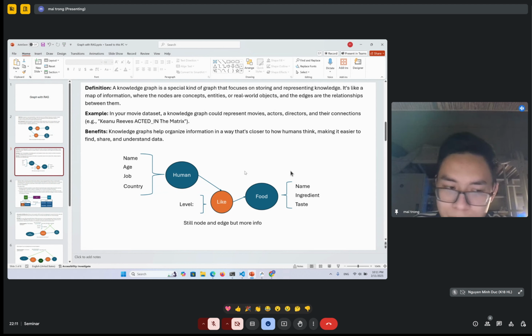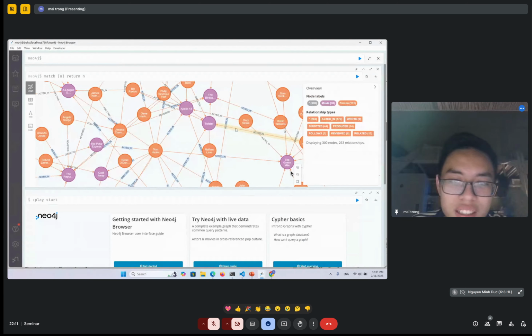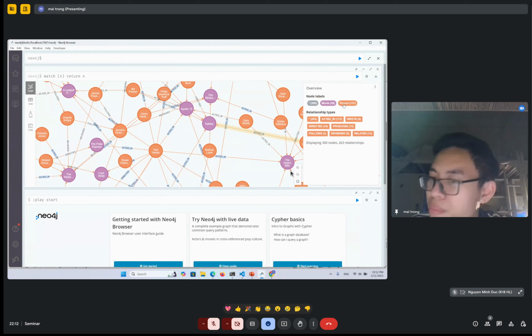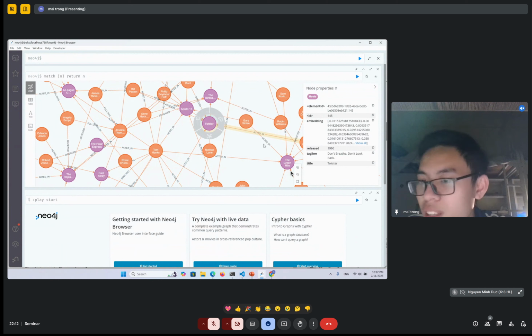There are many examples of knowledge graph that I can show you. For example, in this case, I have a dataset. It's just about movies and persons, and this is an example of a knowledge graph as well. The actor has their born date and their name. The movie has released, tagline, which is a quote in the film, and the title.